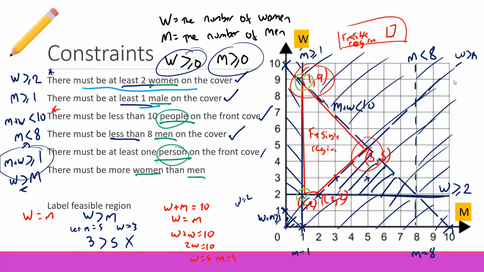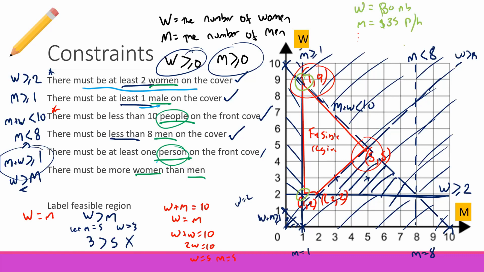So from this point here, where would the question get continued? Where the question might get continued might be, it costs, you know, this is sexist and terrible, but this is the way the world works. Let's just say it costs women $30 per hour, they get paid $30 per hour, but men cost $35 an hour because men always get paid more.